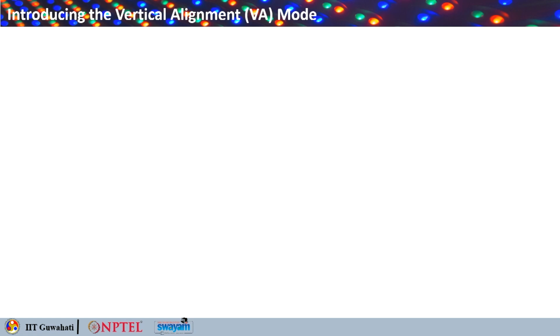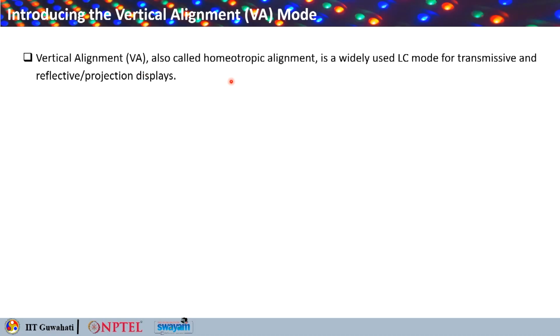So here we'll introduce the second major liquid crystal mode, which is popularly known as vertical alignment or VA. This is also called homeotropic alignment and is a widely used liquid crystal mode for transmissive and reflective or projection kind of displays.